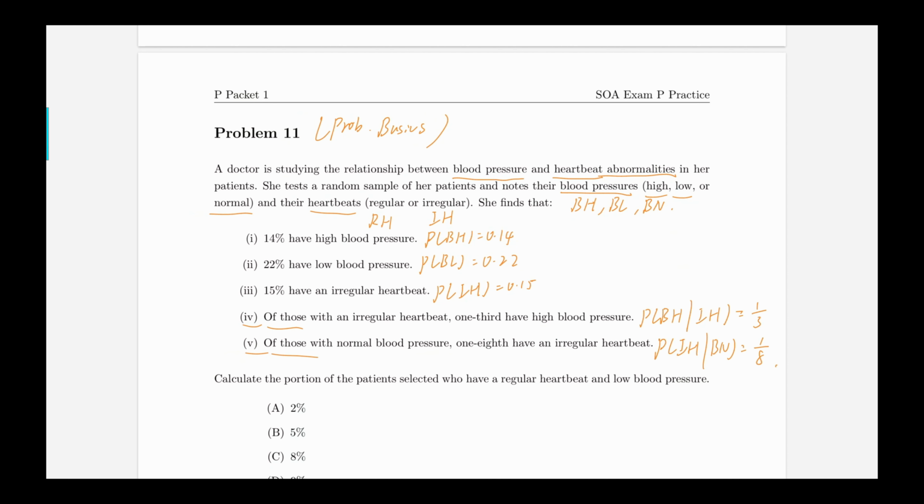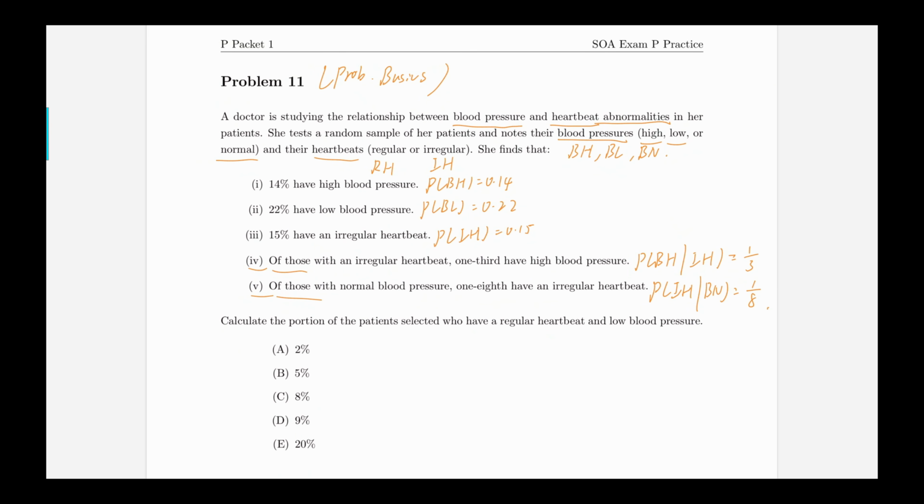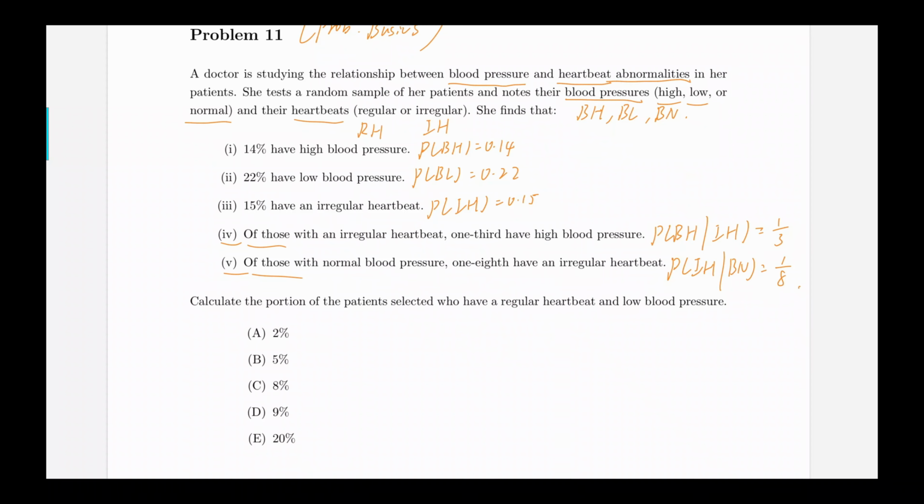Okay, so now the first thing I want to do for this problem is break the conditional probabilities into the formulas we know, because we never know what these stand for by just looking at the form. So we can immediately do some rearrangements right now.